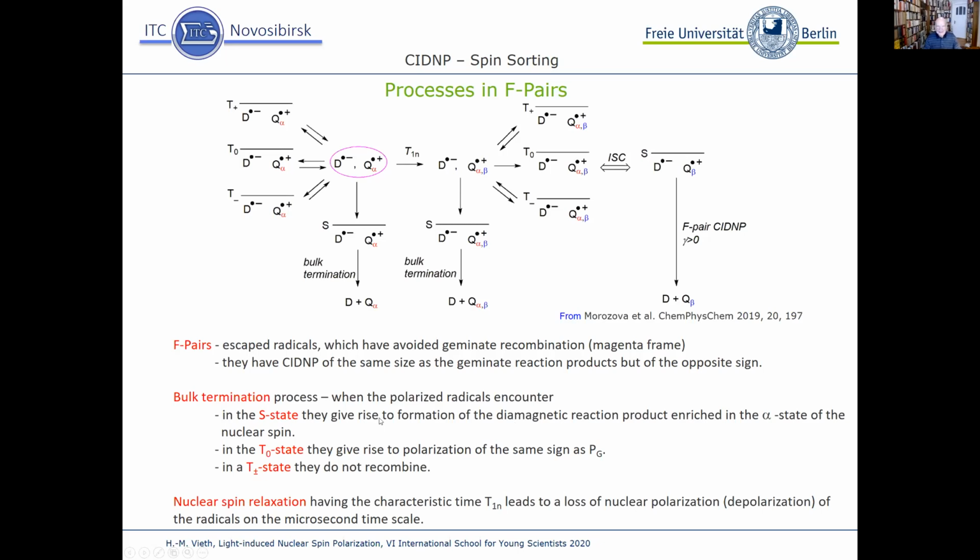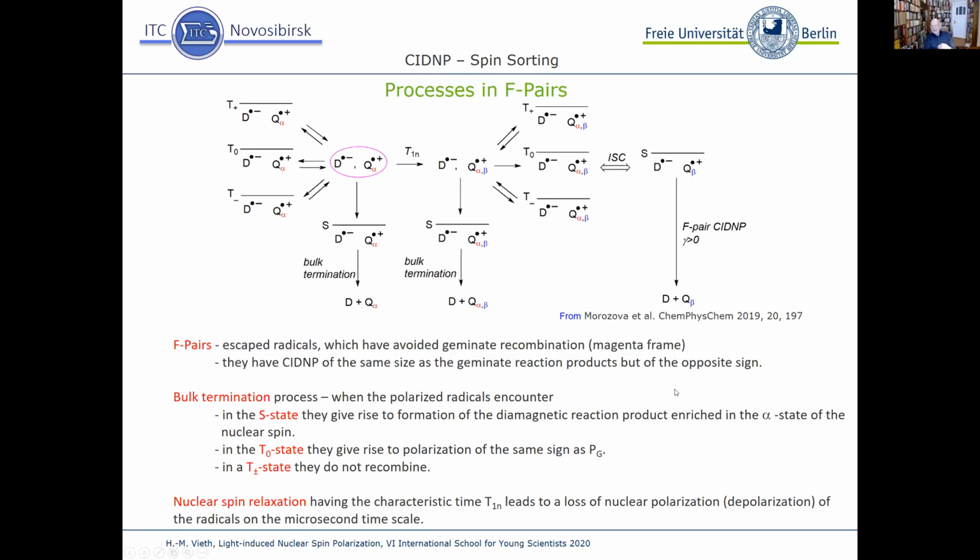And because they are depleted in beta states, in the nuclear beta state, because the alpha state is left, the beta state has already in the geminate process decayed.